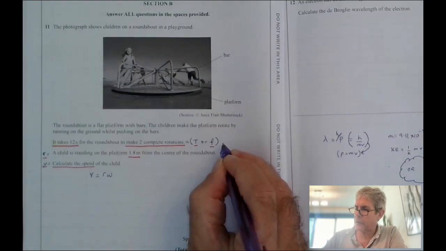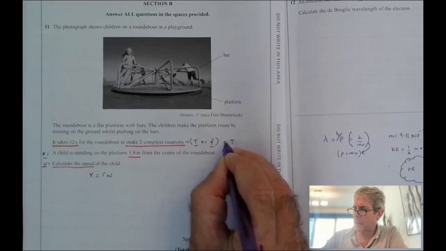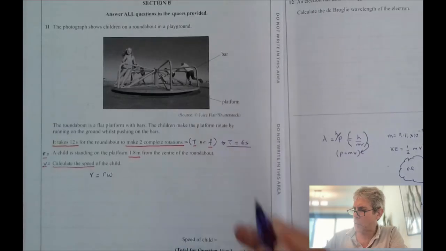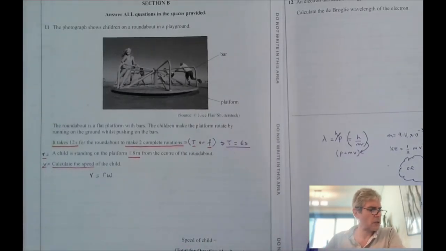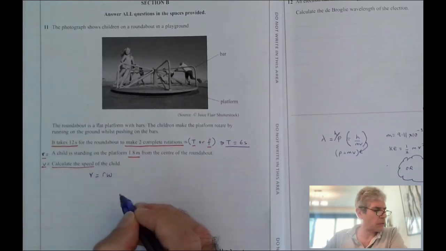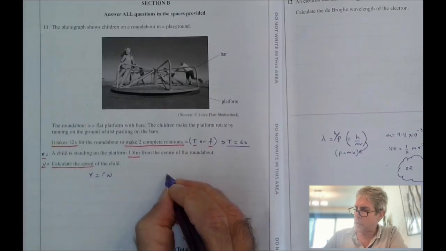We already know that the period, T, is going to be 6 seconds. As long as you show that you've worked out that the period is 6 seconds, you probably get one of the marks for that. Then, to get v equals r omega, we don't know what omega is.